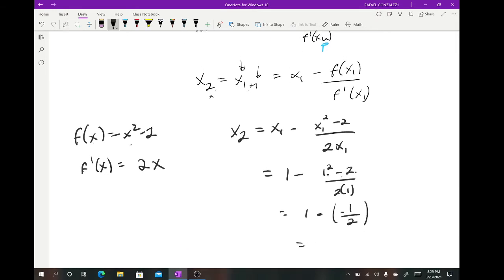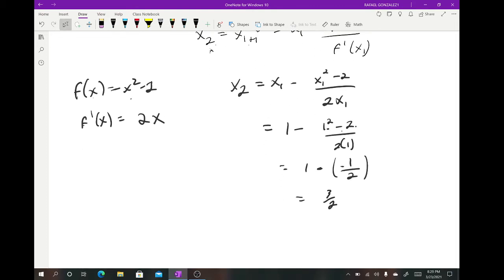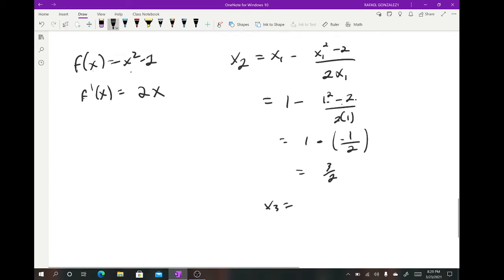So minus minus is plus, so it's going to be equal to 3 over 2. Yeah, 3 over 2. Okay, so that's the value for x2. Now let's go for x3.